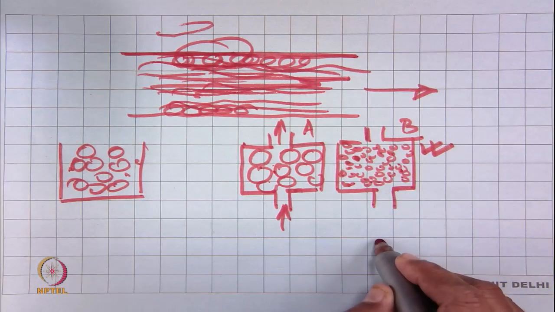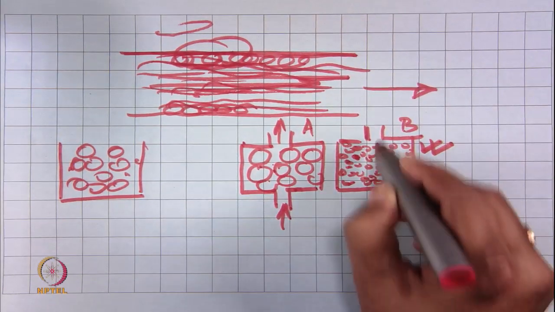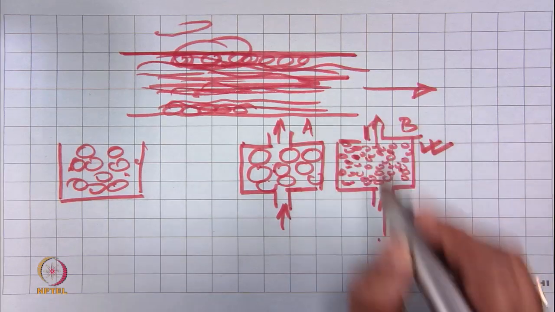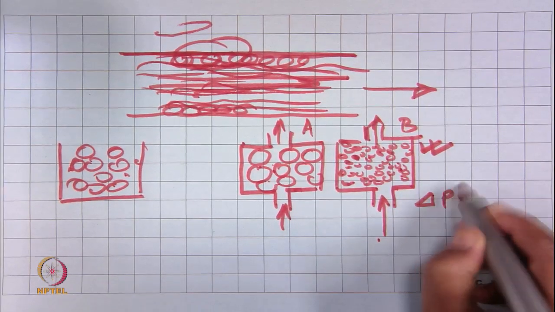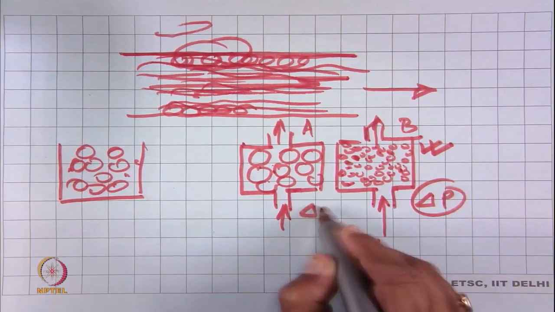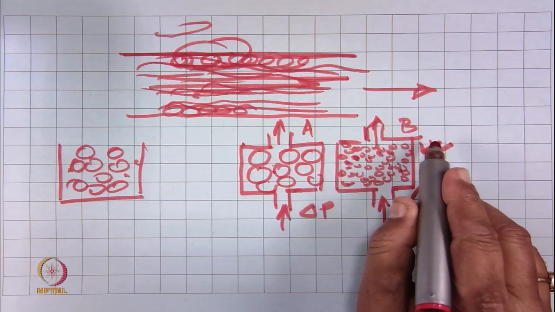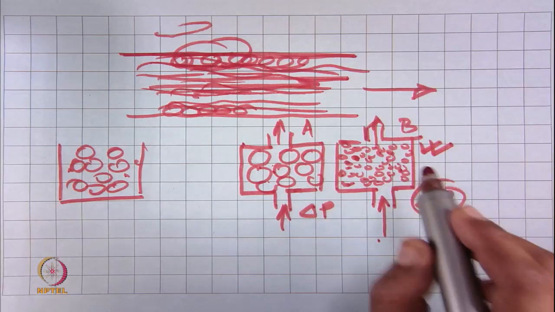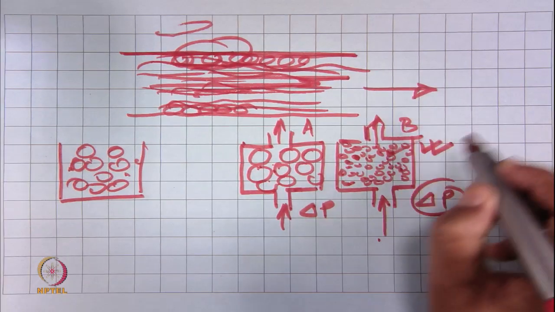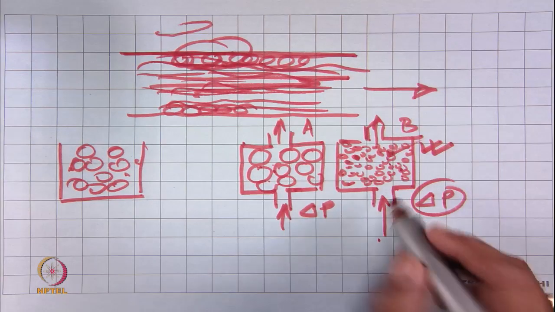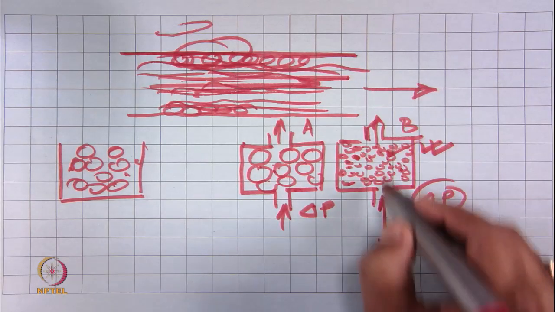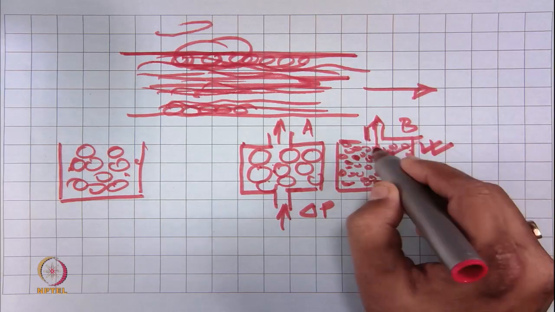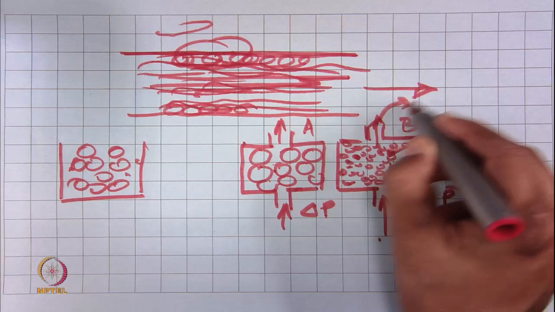Now, if we flow the air at the same pressure difference in both A and B, as B has a higher area of drag, it will result in a lower flow rate.